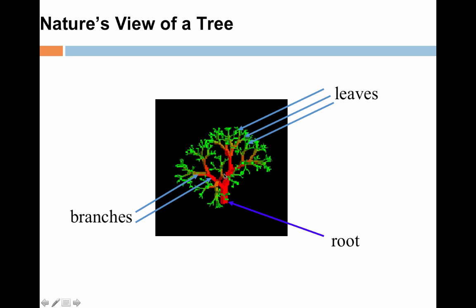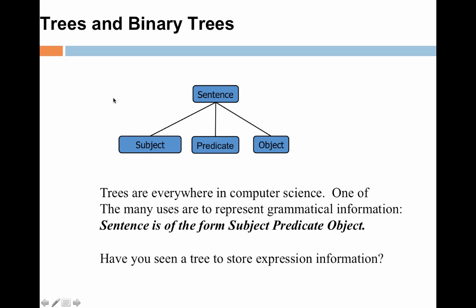So one can imagine that this data structure stores the grammatical information associated with the concept called sentence, and the grammatical information regarding the concept sentence involves the subject concept, the predicate concept, and the object concept. And we refer to this pictorial object as a tree. Over the coming set of lectures, we will formalize the definition of a tree.